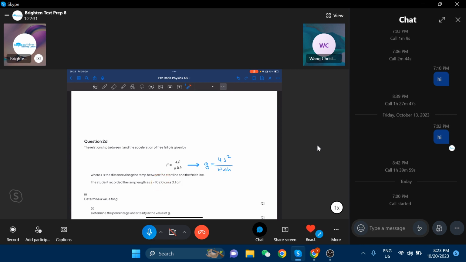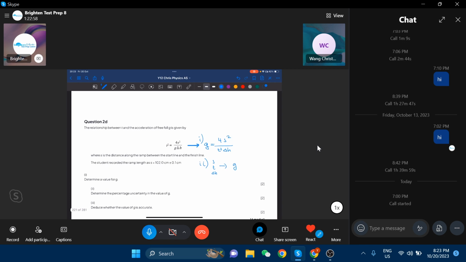So step 1 in this context was to rearrange the formula. Step 2 is then get the values, meaning basically the average values. And then out of that, you have S, you have T, you have delta H. Out of that, you get G, right? Just normal procedure.